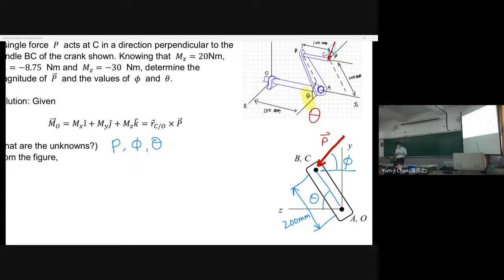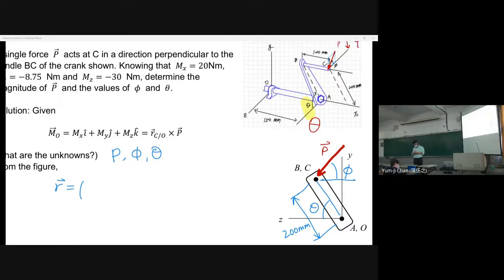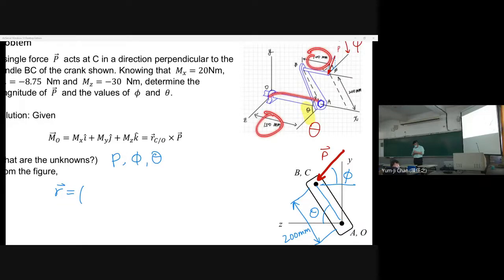Of course, M_O is equal to r_CO cross P. So r from O to point C is what? Let's see in the x direction. So it is 150 plus 100 millimeters, so it is 250 millimeter i.